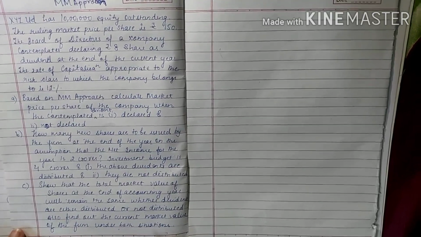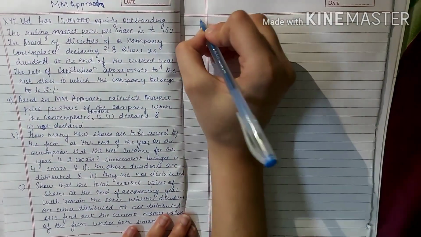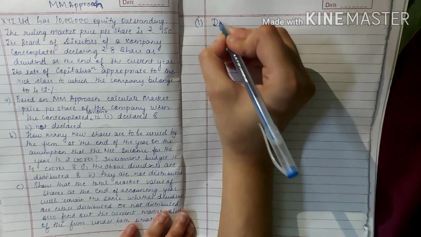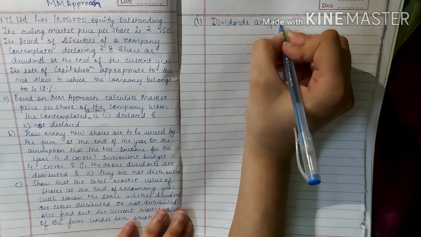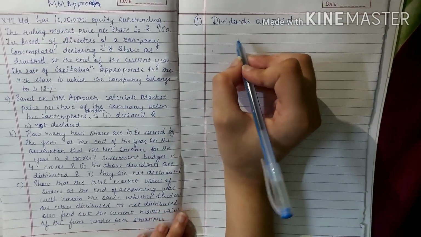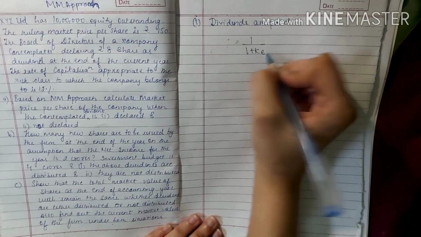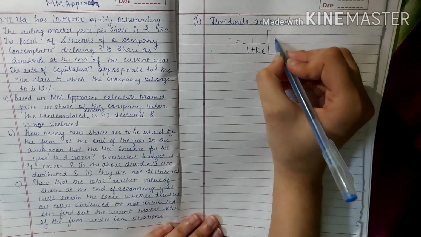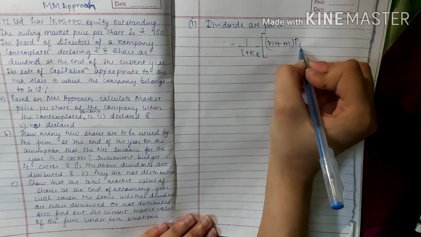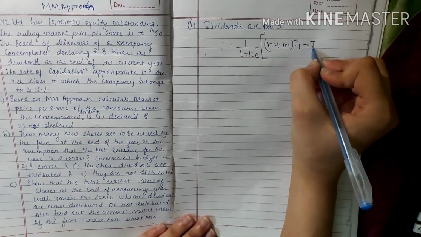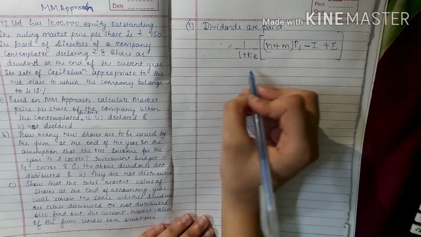Now we have to solve the market value of the firm under both situations. So first, when dividends are paid. Now we have a formula for this and it is 1 upon 1 plus KE, bracket N plus M into P1 minus investment plus earning. This is the formula.